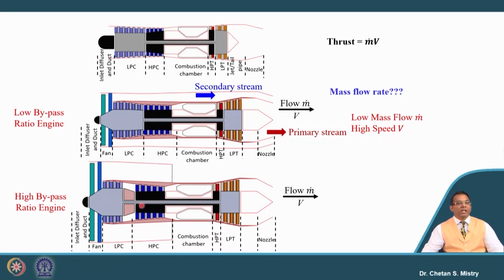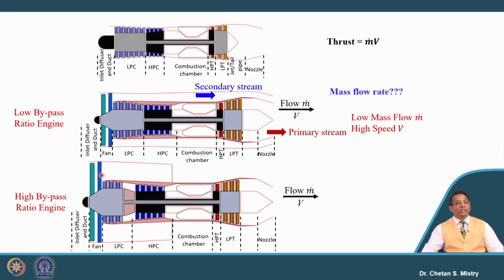What is the case? Here this is my core engine, similar to what we have in a turbojet engine, and on the front side we are putting a large diameter fan. We can compare here, this is a smaller diameter fan, and here this is a large diameter fan.